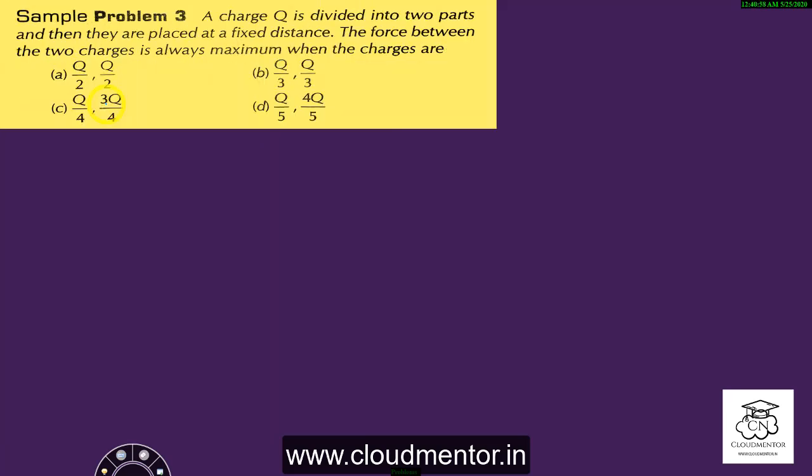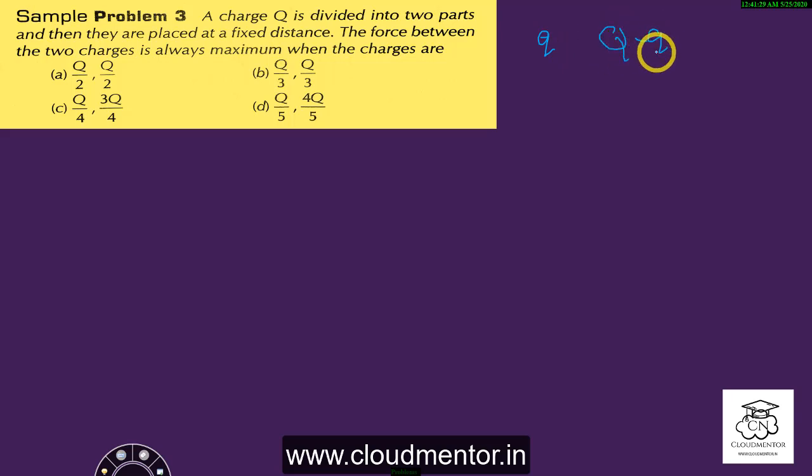Next question. A charge Q is divided into two parts and then they are placed at a fixed distance. The force between the two charges is always maximum when the charges are, options are given. Let's assume the charge Q, when split into two parts, is q and Q minus q.